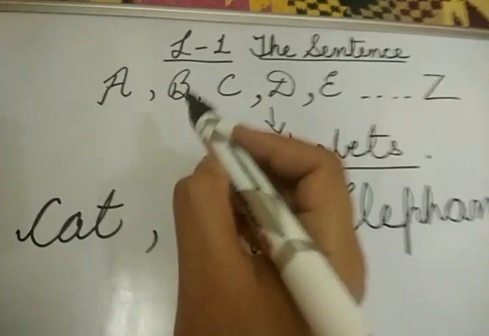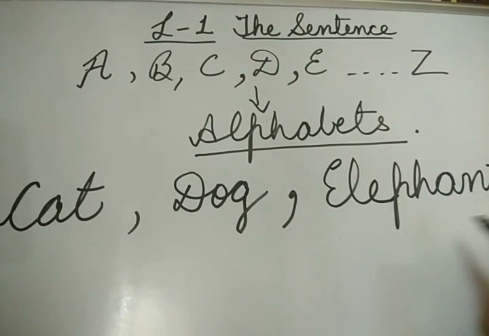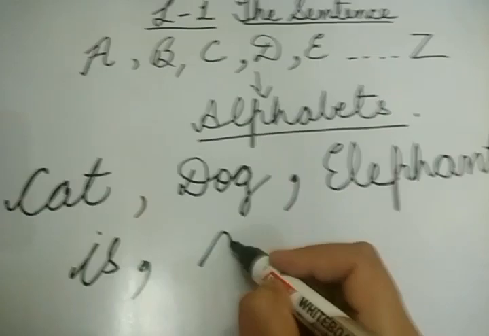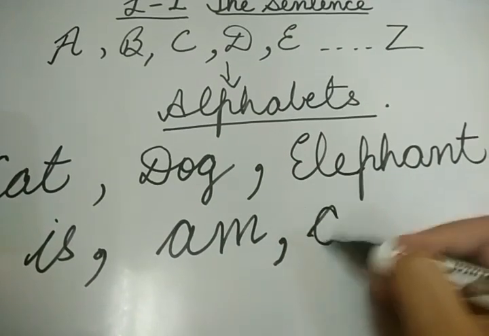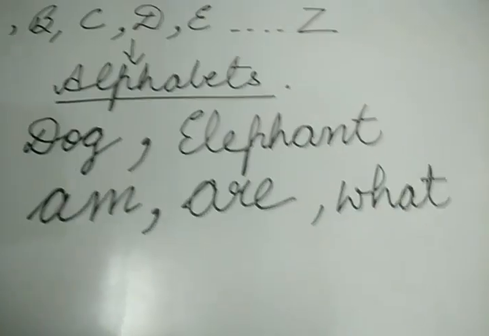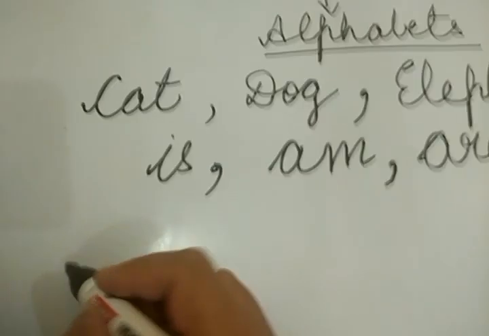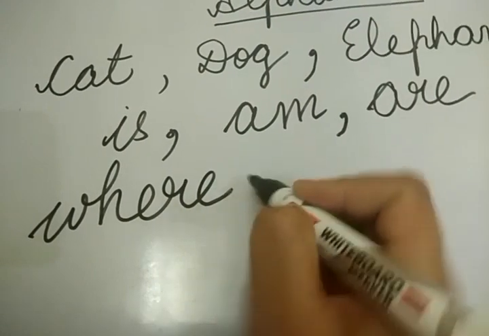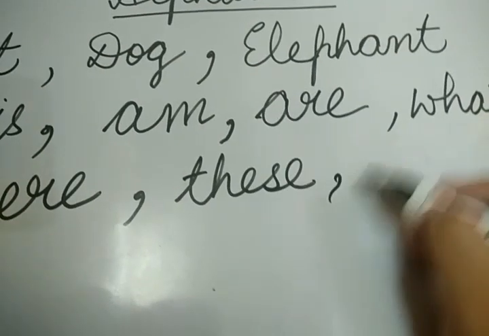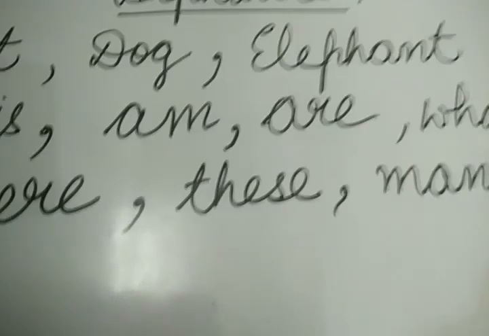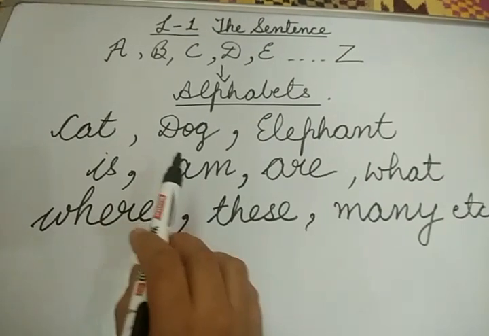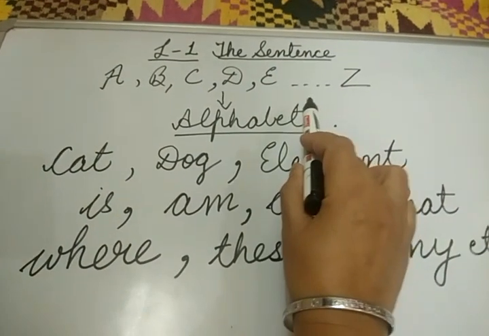With the help of these alphabets, we can form words like cat, dog, elephant, is, am, are, what, then, where, these, many, etc. So all these are words. These words are formed with the help of these alphabets.